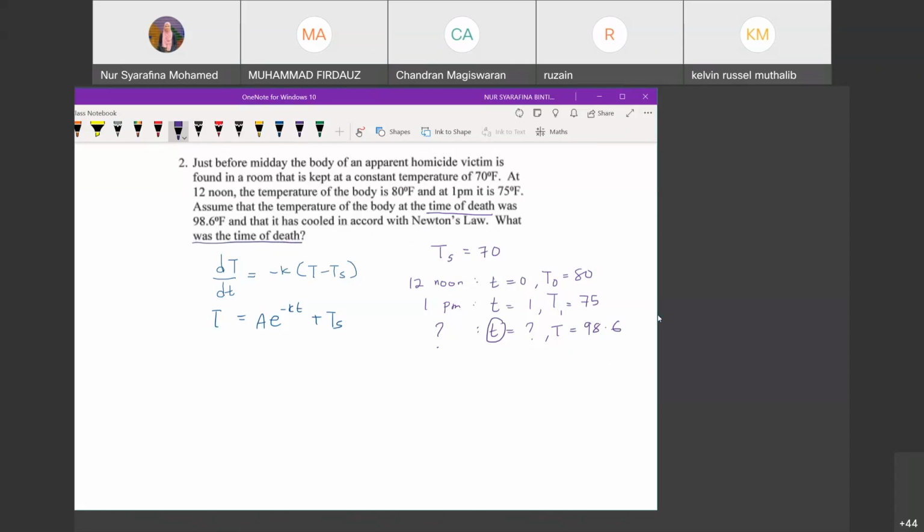So now we can find the constants first, because we have constant A and constant K. In order to find the solution, we need to solve these constants first by using the conditions given. When t equals 0, temperature is 80. So 80 equals A e^(-k times 0) plus 70.